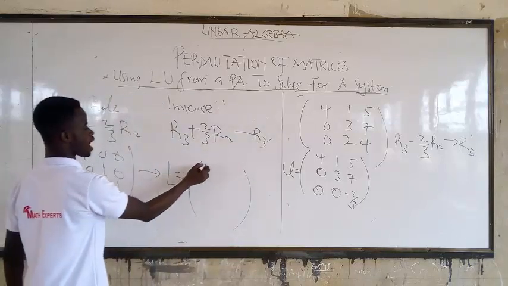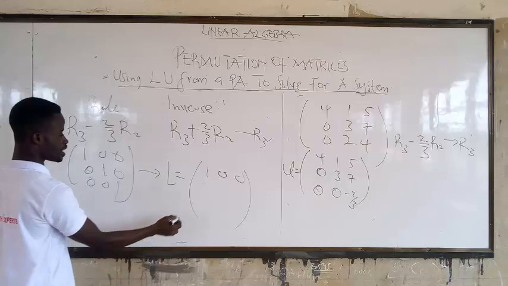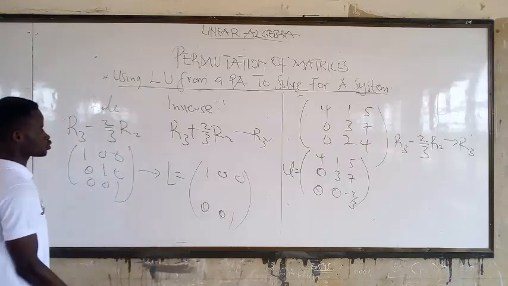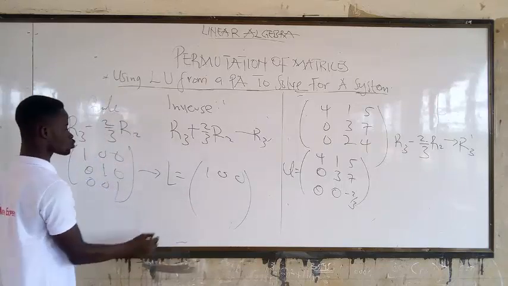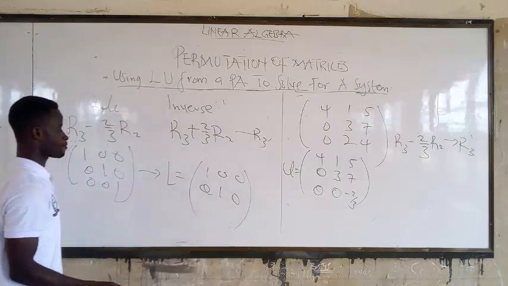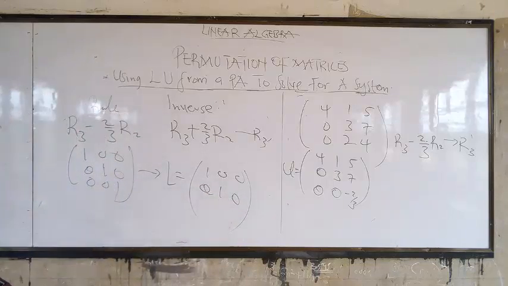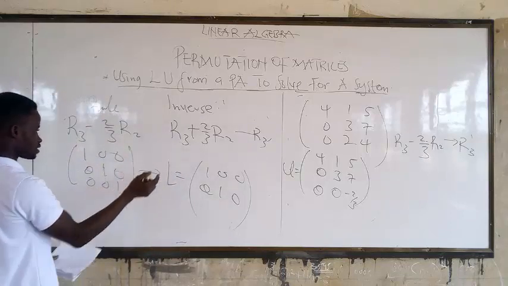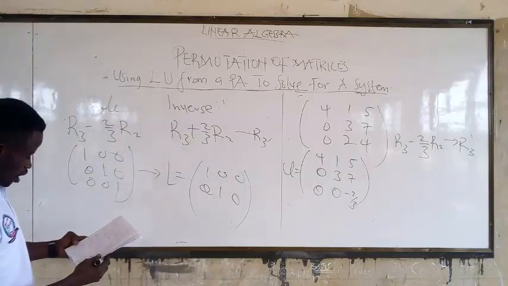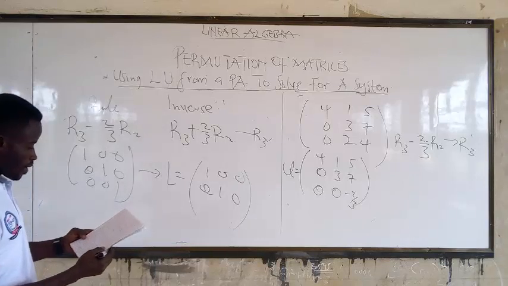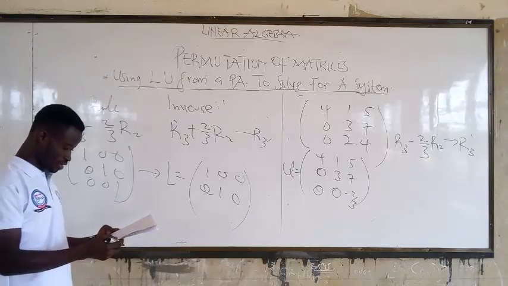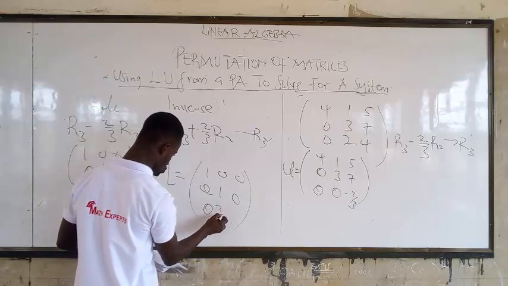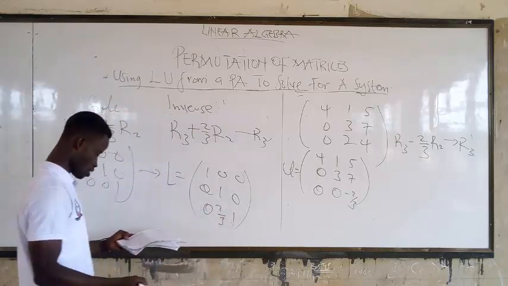That means that row 1 will maintain, row 2 will maintain, but the row 3 will be affected. So what is going to be? Multiply that by that and see what you are going to get. Alright, so now our lower triangular matrix is going to be 0, 2 over 3, 1.